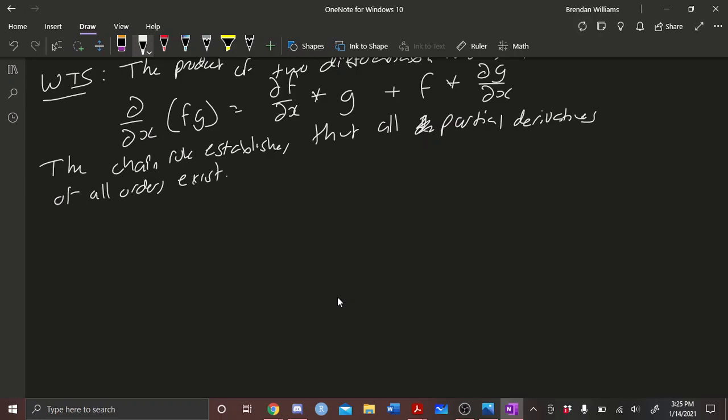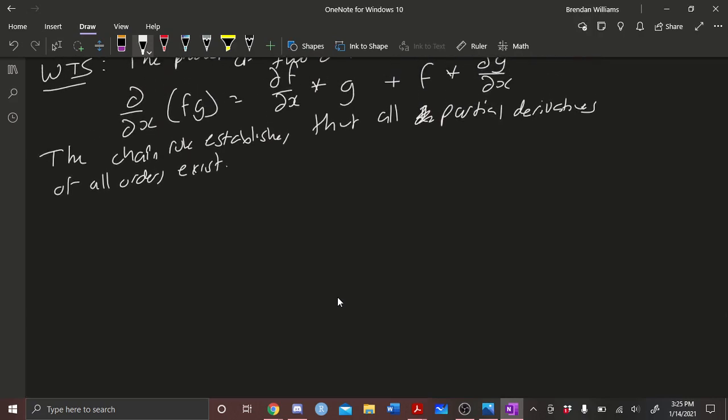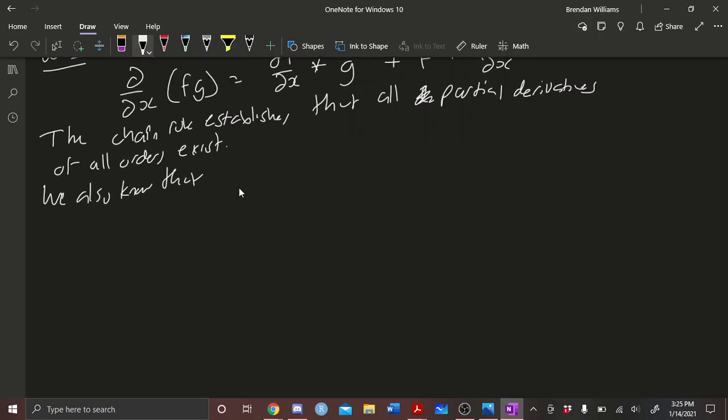Okay, so we can at least find the derivatives, and we also know that they're continuous, since the sum and product of continuous functions is continuous.